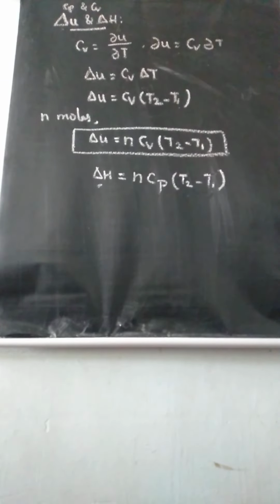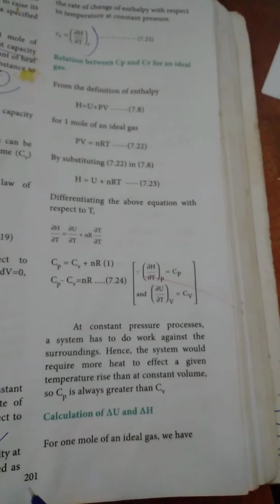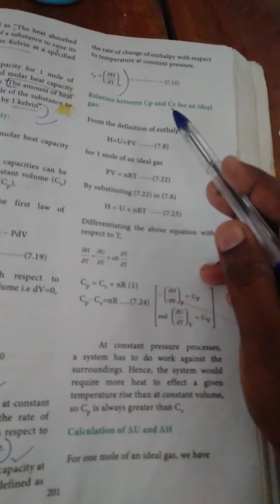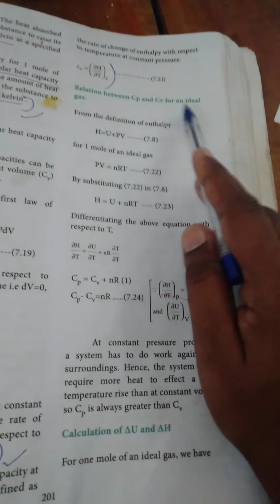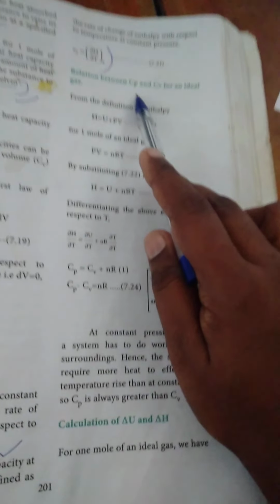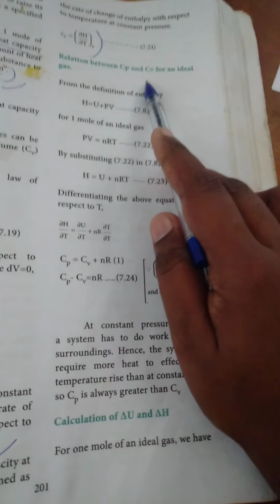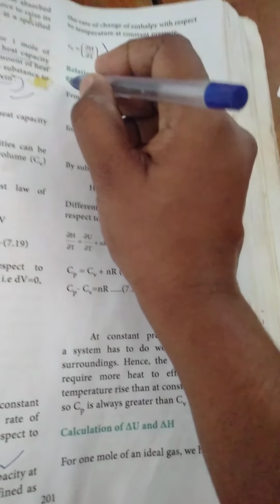Any doubt? Now take page number 201. Just note the question: relation between Cp and Cv for an ideal gas. So how can we relate Cp and Cv? This is one of the important derivations. Note the topic fully.